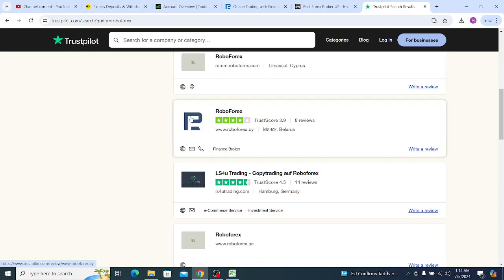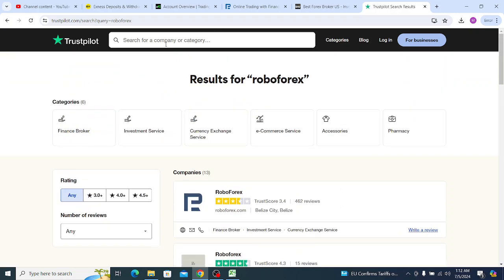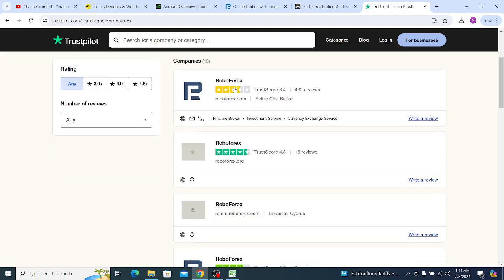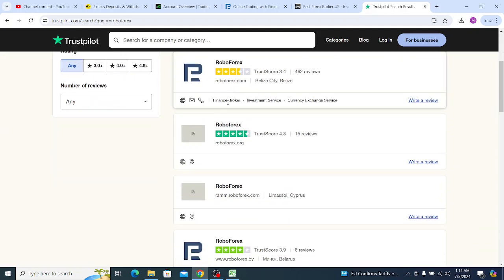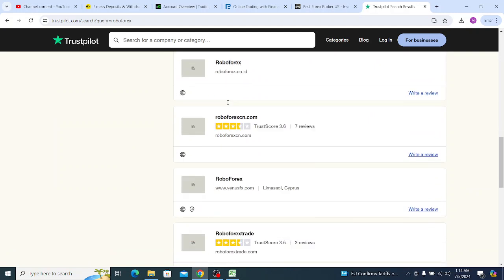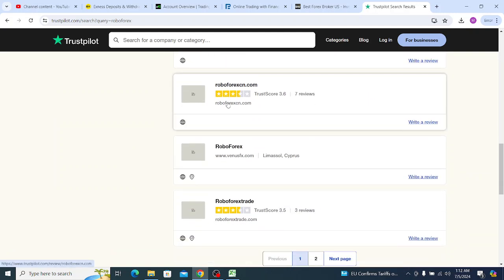If you want to check how it's performing, you just go to Trustpilot, type their name and look for the reviews. Any trading signal group, if you're checking, go to Trustpilot. Make it a habit to check the reviews of the people about what you are going to invest in or where you are investing your hard-earned money.